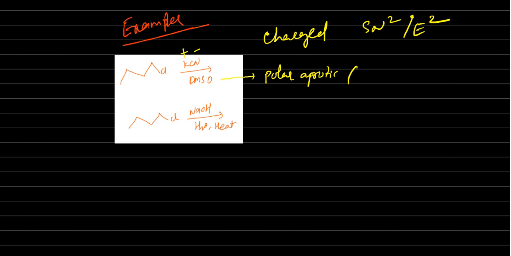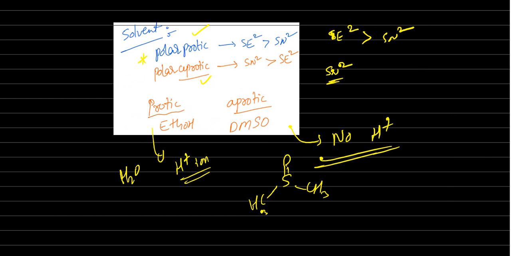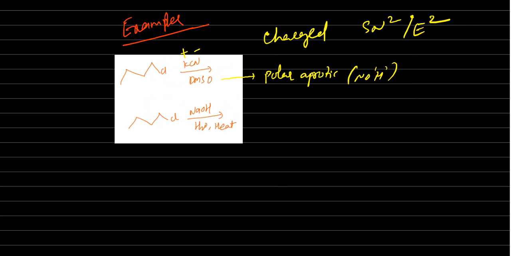Aprotic means no hydrogen, so it leads to polar aprotic. Again, you can see this table: polar aprotic, SN2 is more favored. Here, first of all, charged means SN2 or E2, and polar aprotic means SN2.